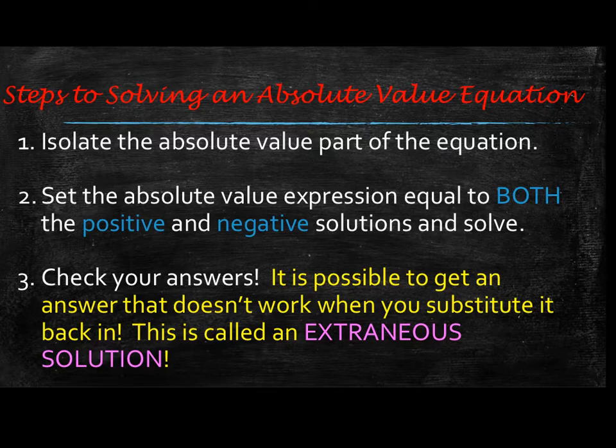Then you will set the absolute value expression equal to both the positive and the negative. And remember, we're doing that because if what's inside those absolute value bars is positive, then the absolute value is positive. But also if the inside of the absolute value bars is negative, it equals positive. So you have to set it equal to both of them in order to solve it.